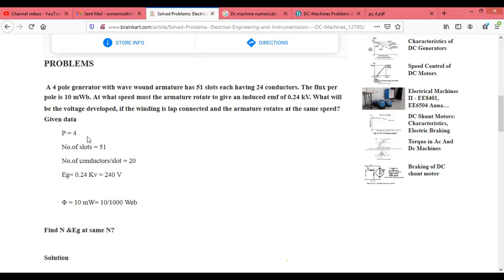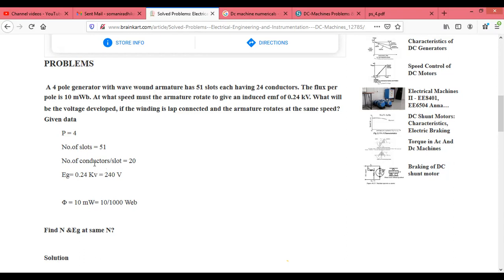So here they have given number of poles 4, number of slots 51, number of conductors per slot, because they have given here, see here, a wave wound armature has 51 slots with each having 24. So per slot they have given the number of conductors, 20.